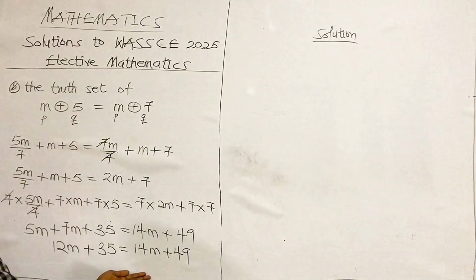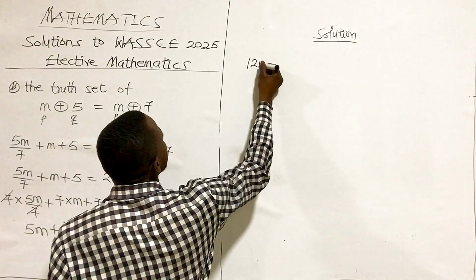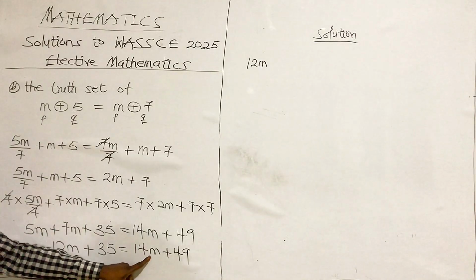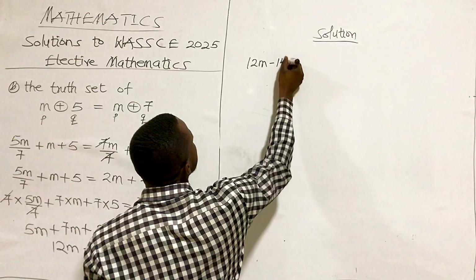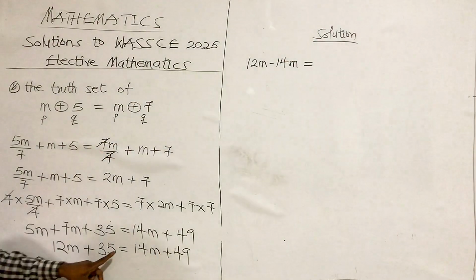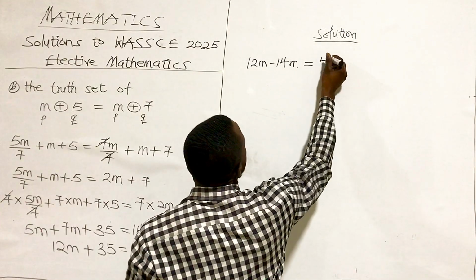So from here, we need to group like terms. We have 12m. Then when 14m moves to the other side, it becomes negative 14m is equal to, after the equal to, what is left here is 49.